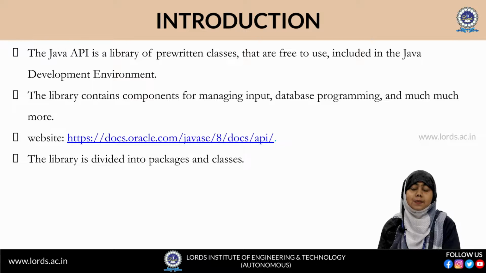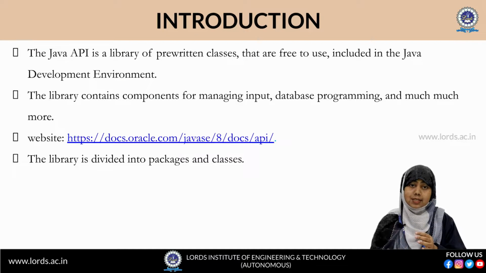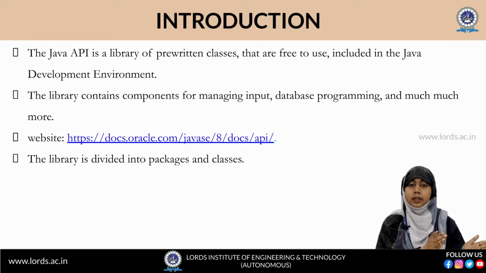Java has plenty of classes present inside this API. And if you see why we use this, as it is written here, it helps us to communicate. If your application wants to communicate with the database, then you need an API, a package which will provide the classes that let your program communicate with the database.